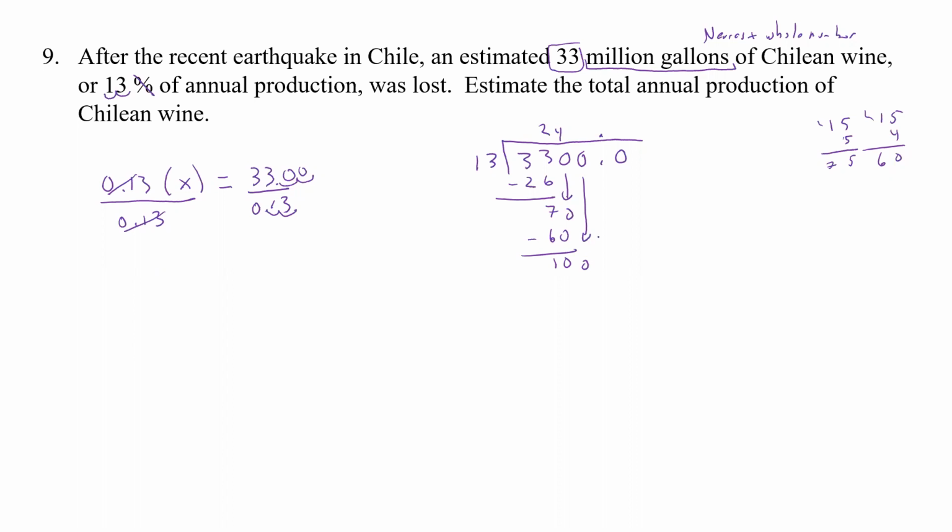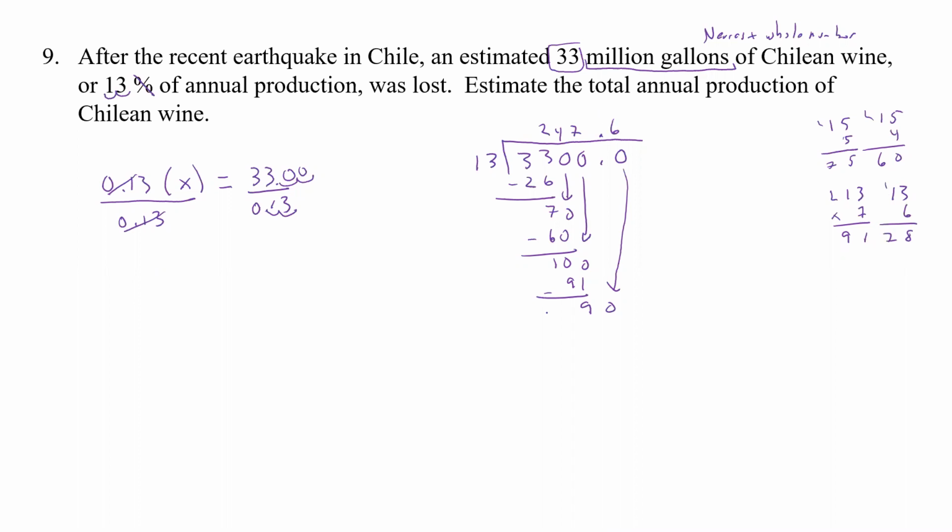That's 1 0. Bring down a 0. And so 13 times, how about 7? That's going to be 21, that's 91. Okay, so that's a 7. Subtract that off, that's a 9. Now we bring down our 0. Now that's going to be a 6 because it can't be 9. So 6, and that's 18, that's 78.